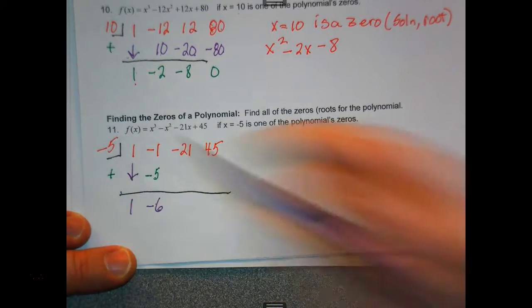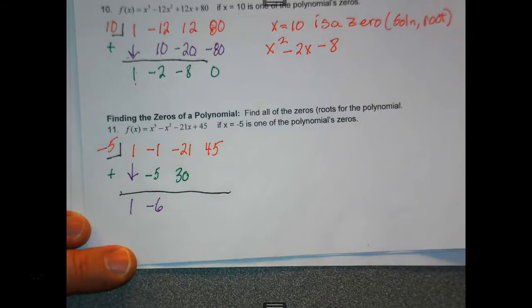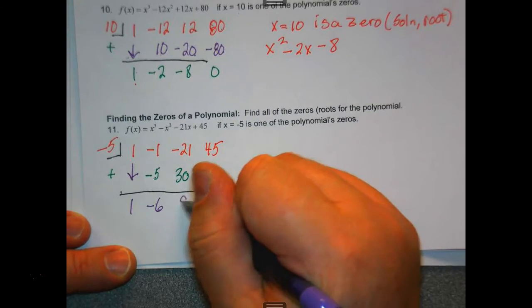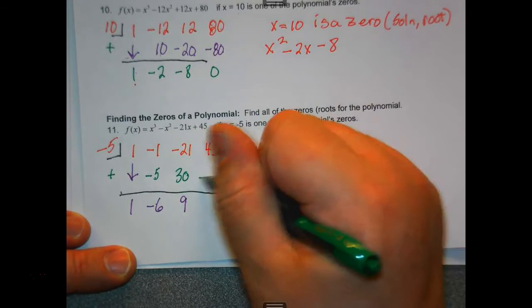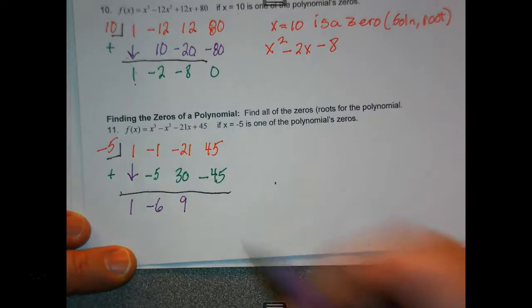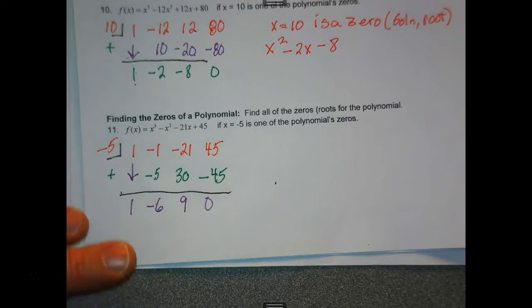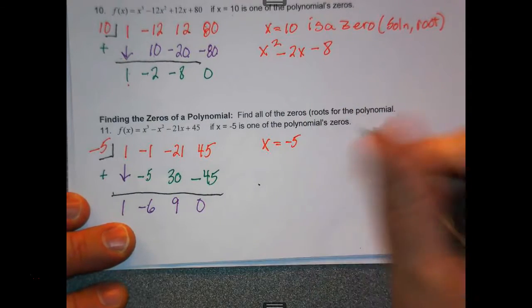Negative 6 times negative 5. 30 plus negative 21. 9 times negative 5. Negative 45 plus 45. Okay, so one of the zeros is x equals negative 5.